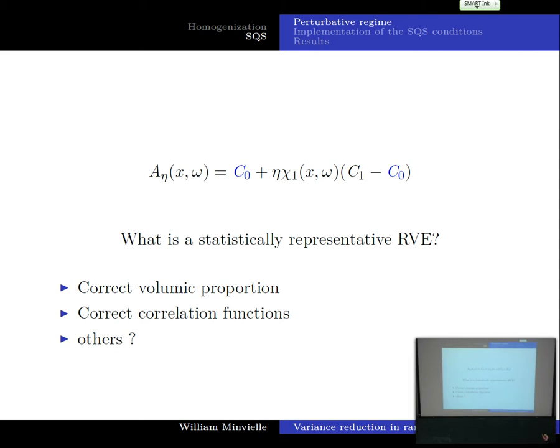They explain to you that at some point you've got the correct volumic proportions, you've got correct correlation functions, so the empirical estimator of the expectation of A of x times F of y is not so bad, and some other things. So let's try to inspire ourselves from this observation into having an estimator which is a little bit better.